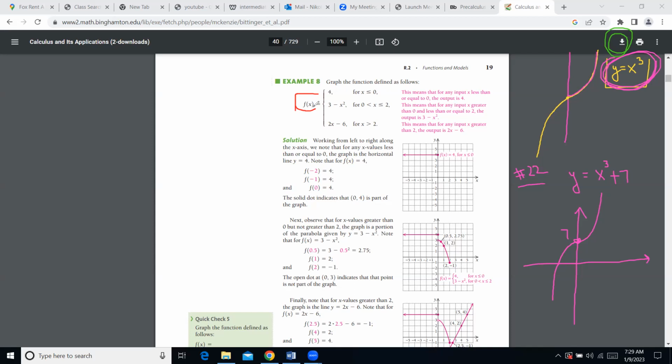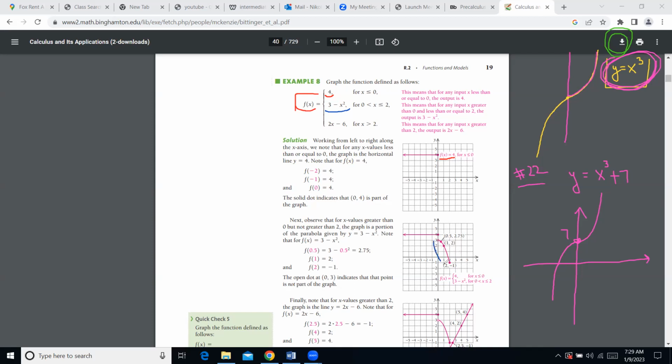What happens here is we have three different pieces. The first piece is here, that's the function 4. The second piece is here, and that's the function 3 minus x squared, which is a parabola.